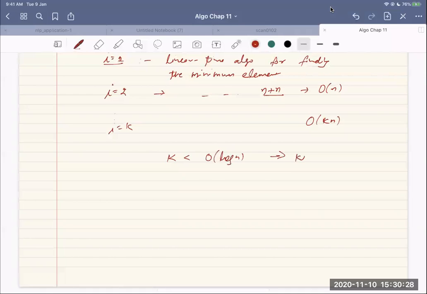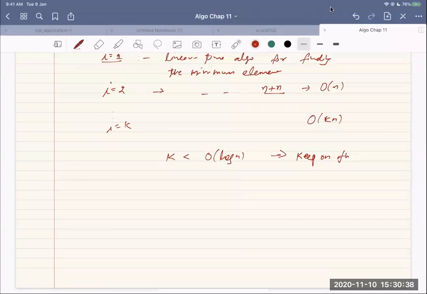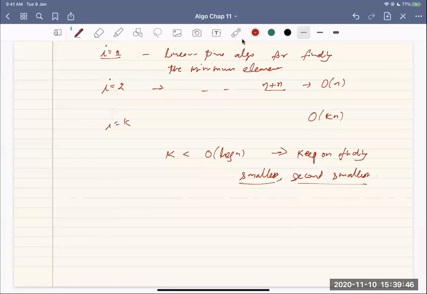So keep on finding the smallest, then the second smallest, and so on. If k is small, you can keep on doing that; this is order kn time. Similarly, if i is equal to n, you can do something like find the max, which will be order n.